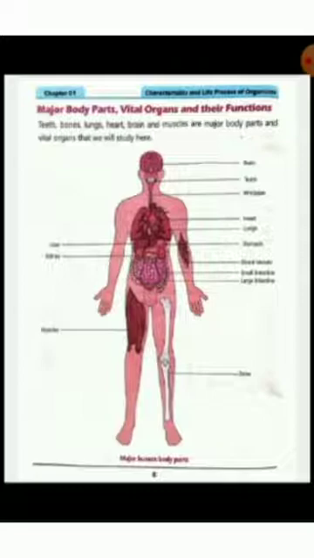You can see the internal body parts have been shown, and they are teeth, bones, lungs, heart, brain, and muscles. These are the main and vital body parts of human beings.